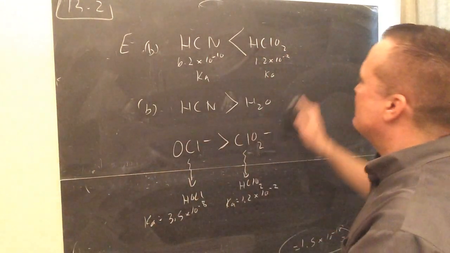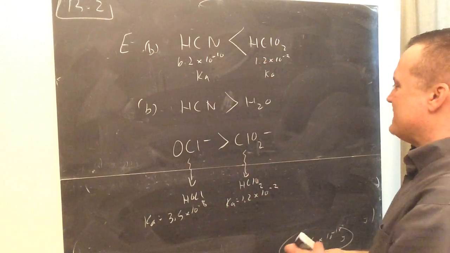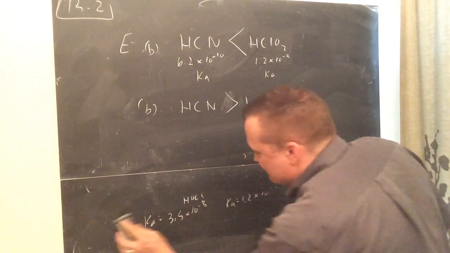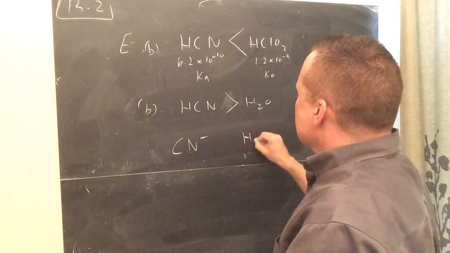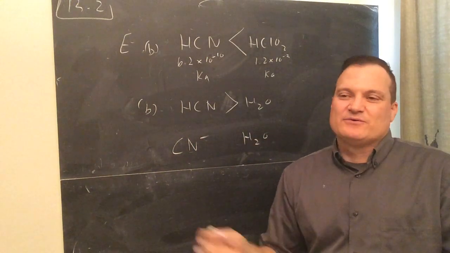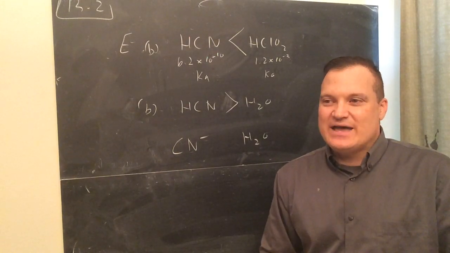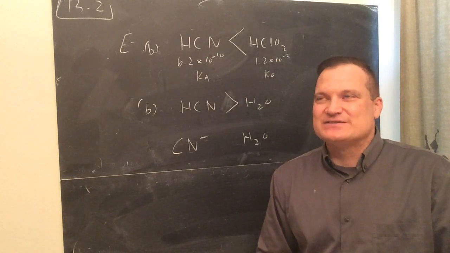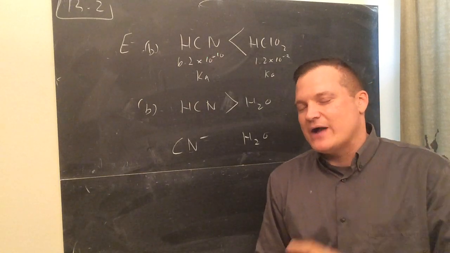CN negative or H2O. Oh, I got HCN up there too. Well, let me just see if I'm going to keep that there or not. All right, if I have CN negative or H2O, remember I told you this: water is the weakest of all bases. Well, it's almost the weakest of all bases. The only thing that's weaker as a base is the conjugate of a strong acid.